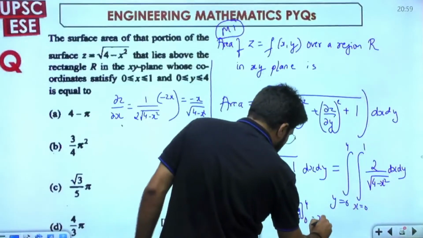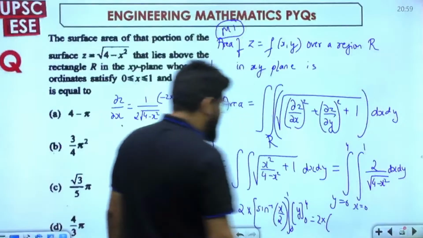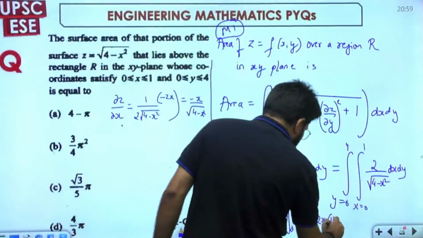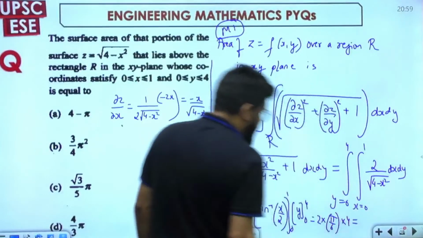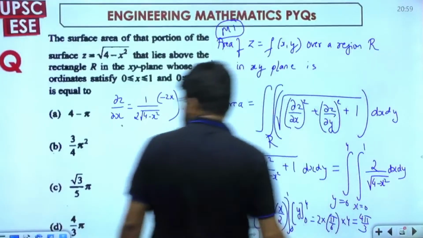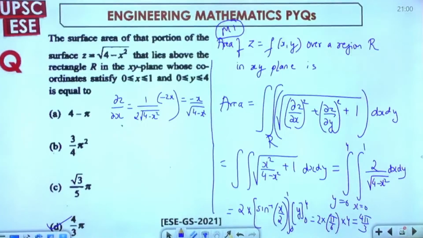So sine inverse 1 by 2 is 30 degree, pi by 6, sine inverse 0 is 0, so pi by 6 into 4. So the correct answer is 4 pi by 3. Option number D.